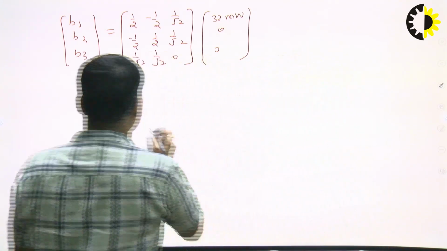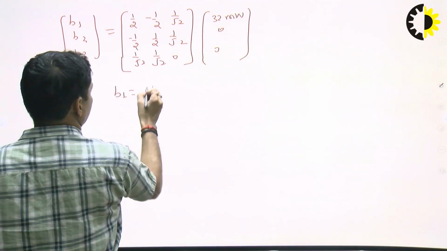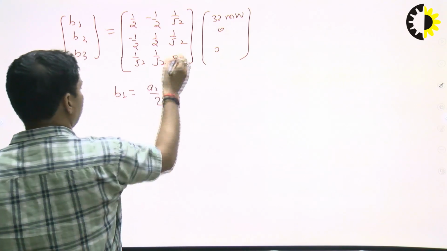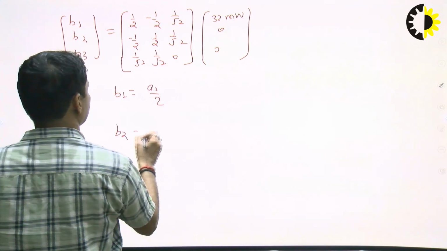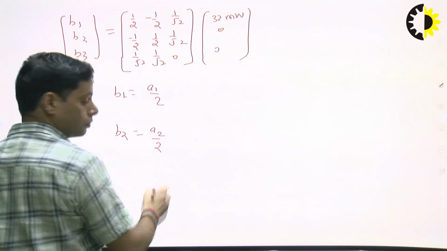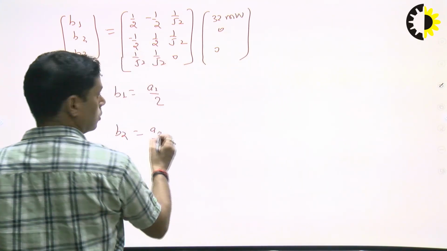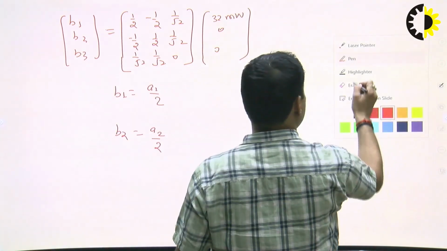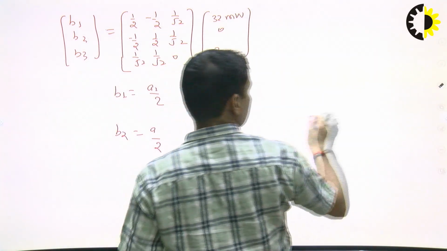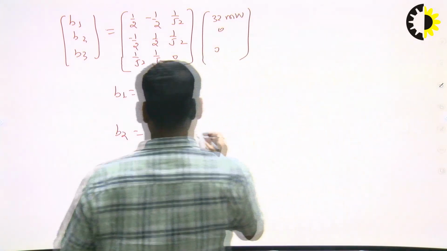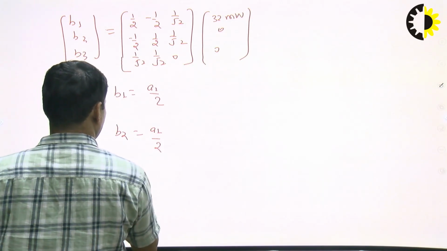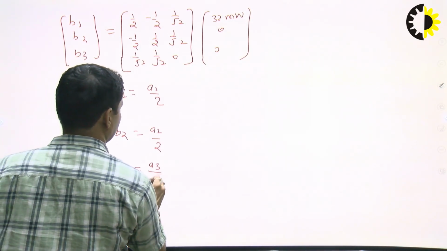So the value of this B1 is equal to A1 by 2, B2 is equal to A1 by 2, sorry, A1, and B3 is equal to A1 by root 2.